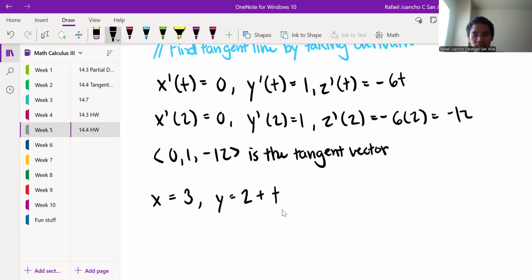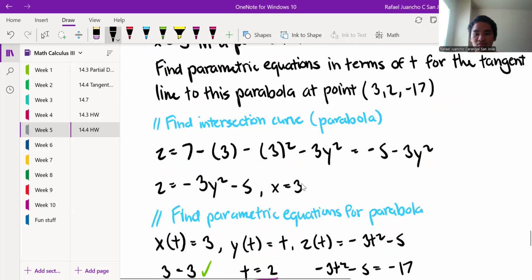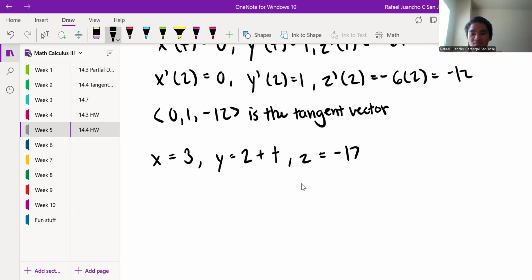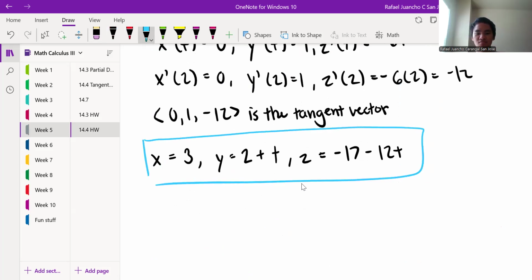And then my z is negative 17 minus 12d. And yeah, that's it. Very complicated problems.